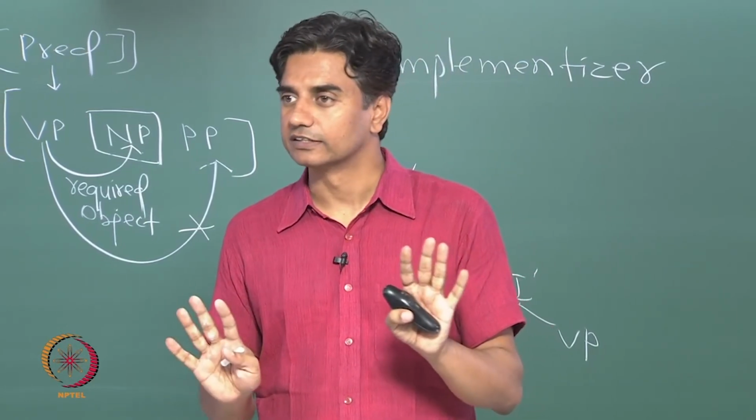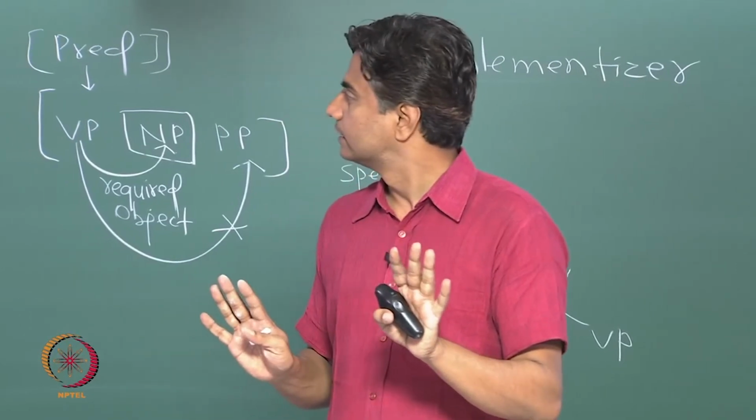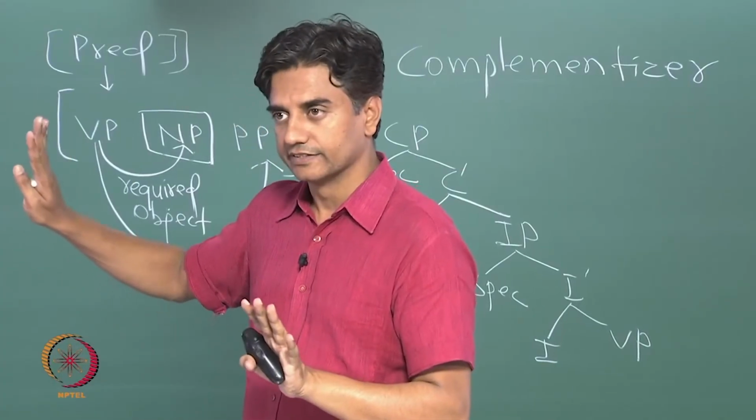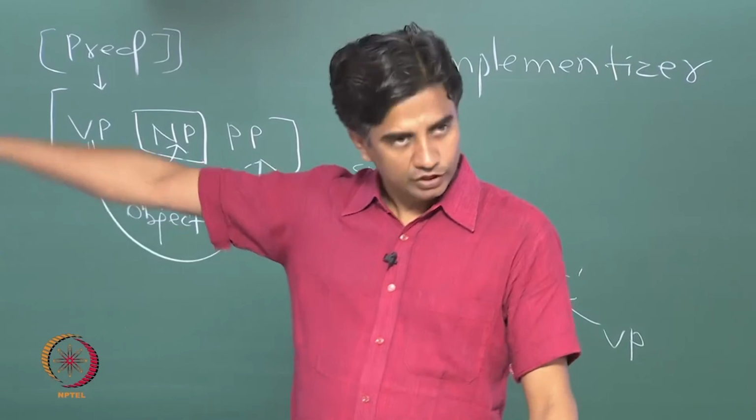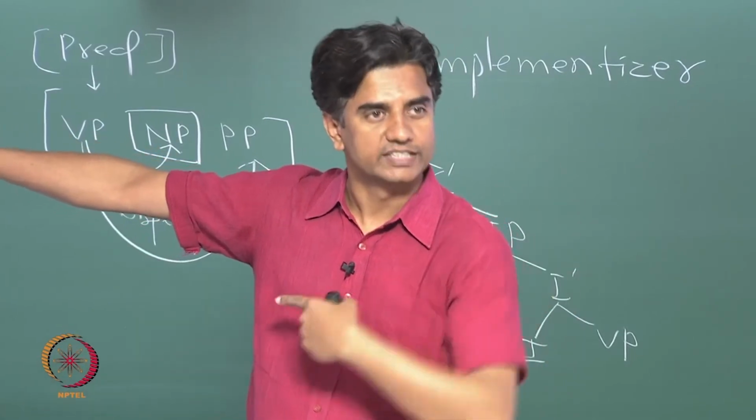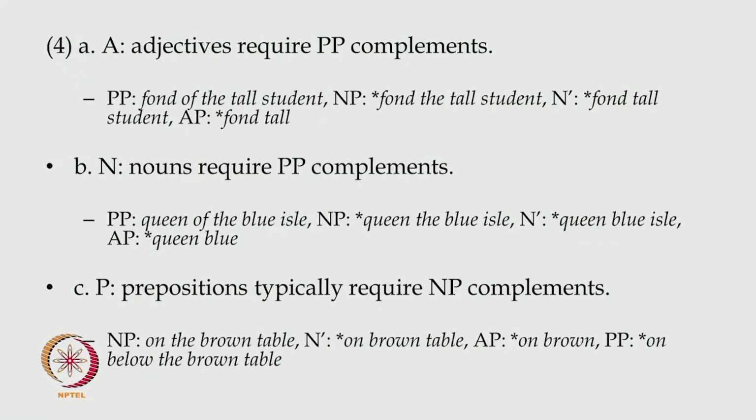Tall is like the PP, sir. Sorry? Of the tall student. Fond of the tall student. So tall is the adjective here. Tall is the adjective. Yes. See, look at this example. We are talking about the same thing. Of the tall student. What type of phrase is that? PP, right?